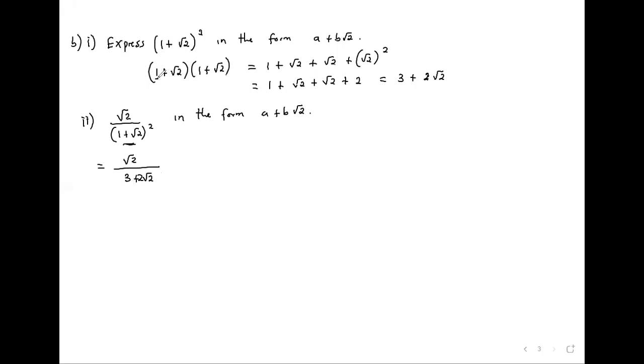So I'm multiplying 1 times 1, you get 1. 1 times root 2, you get root 2. Root 2 times 1, you get root 2. Root 2 times root 2, you get root 2 squared. But the square will take away the root. So it remains with a 2. 2 plus 1, 3. Then root 2 plus root 2, you get 2 root 2. So you have 2 of them. Oh, what of that cube I'm seeing on top there? It's not cubed, it's 2 square.